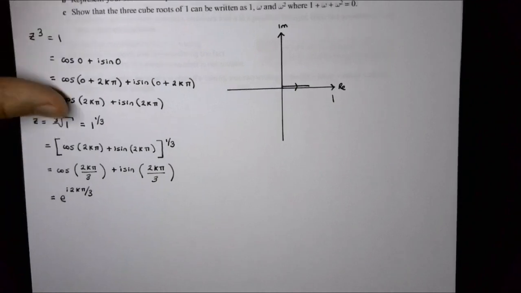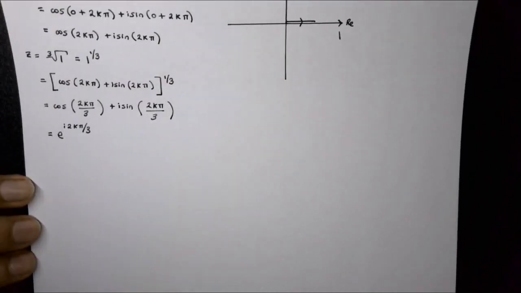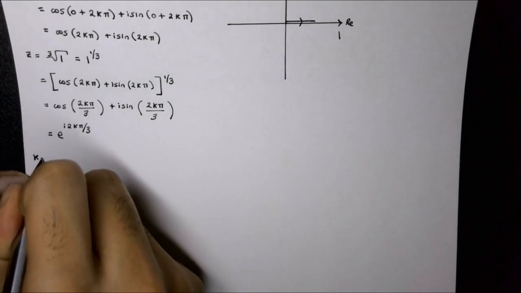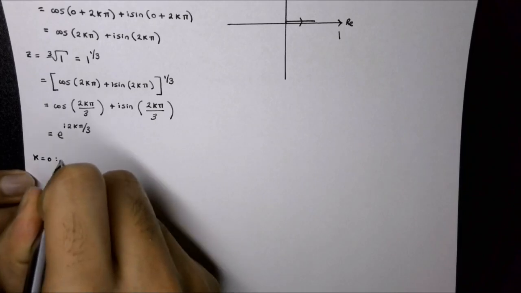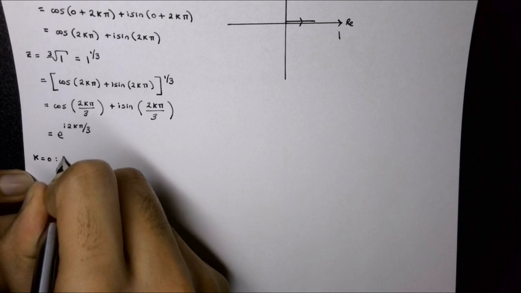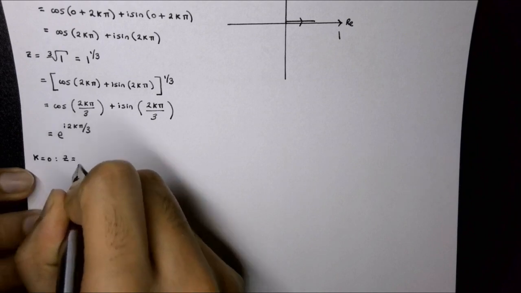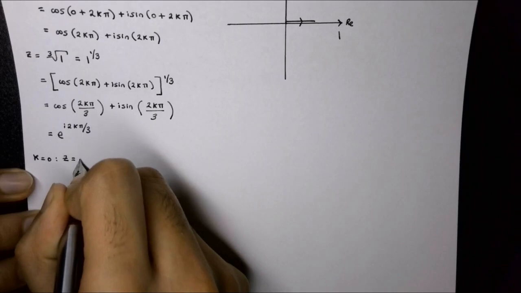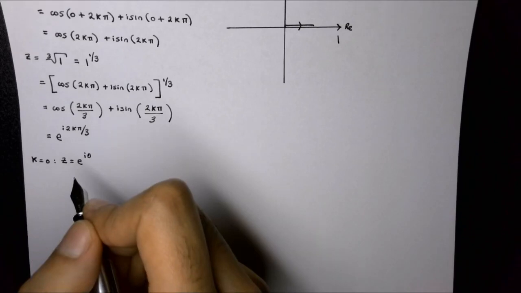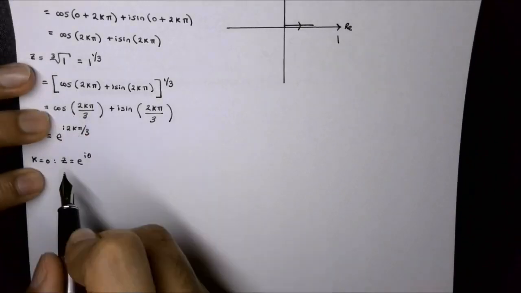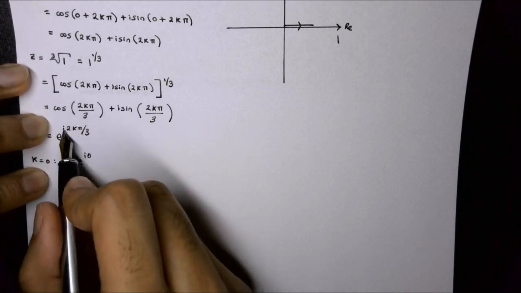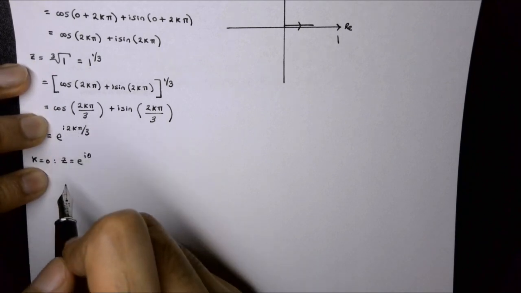So, solving this equation, first of all, when k equals 0, you can see here we have z equaling e to the power of i times 0, and that makes complete sense, because when k equals 0, we have i times 0 over here.